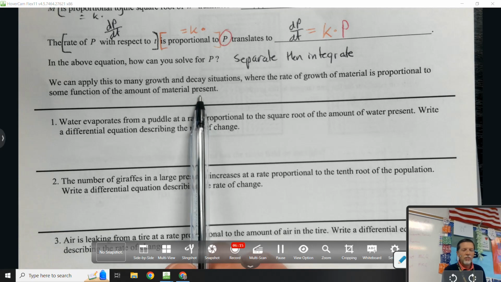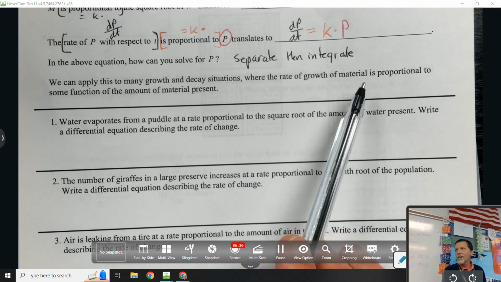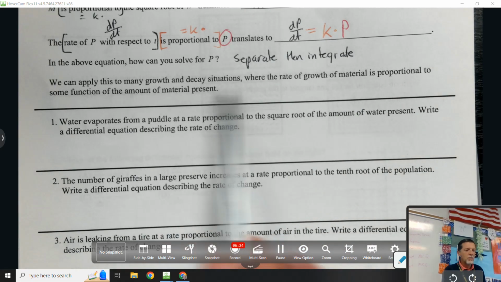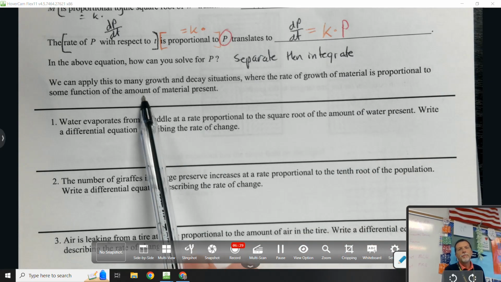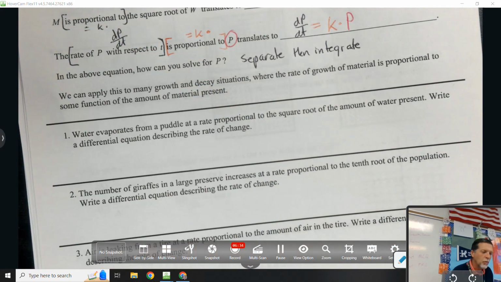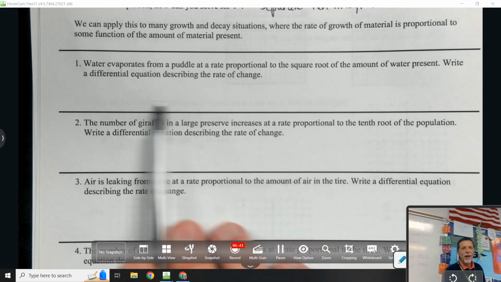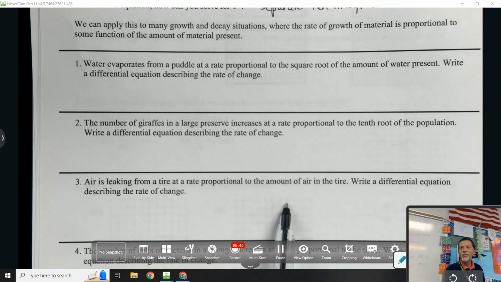It happens in nature. The growth of rabbits in a population depends on how many rabbits there are. The more rabbits there are, the faster it grows. Also in bacteria. The more bacteria, the faster it grows. Yes, it's math, but this is really some real world stuff. And I know you're like, what am I going to care about the population of rabbits or water evaporating? But some of you go into engineering, you need to know that kind of stuff, and this is where you would use it.